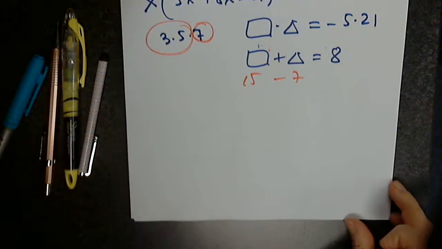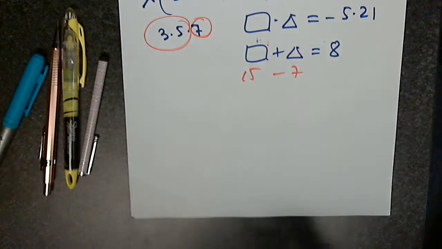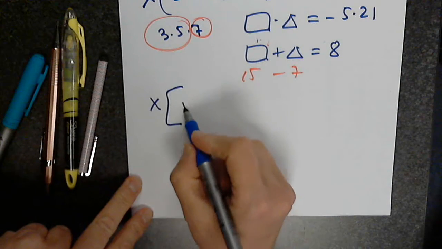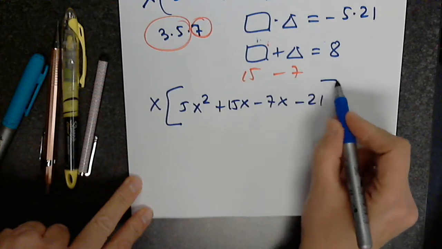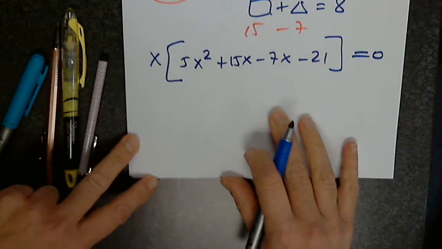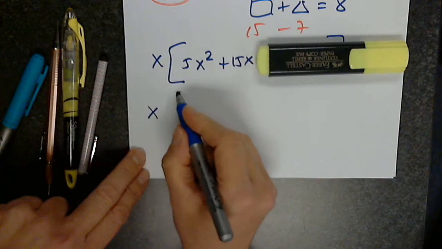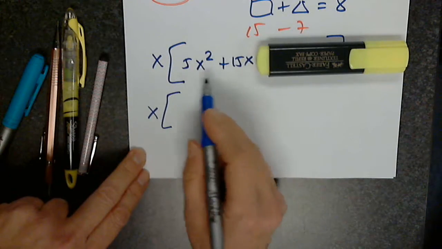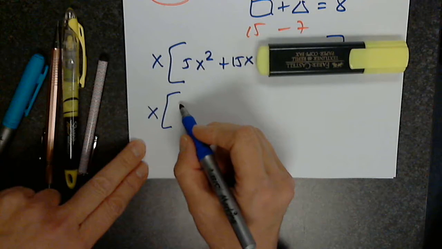Therefore, how do I rewrite the equation? So I need brackets, 5x squared plus 15x minus 7x minus 21. Because the next step is x is outside. What do you pull out from the first two? Good.